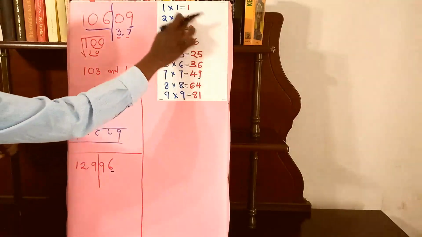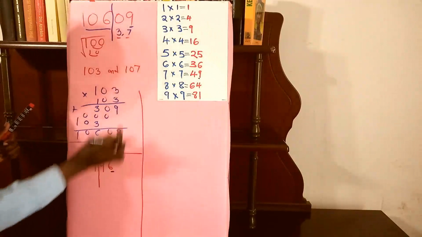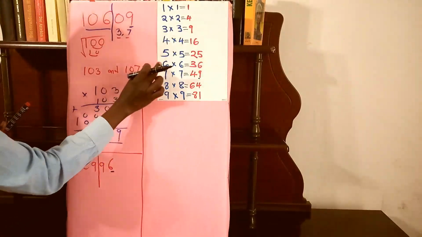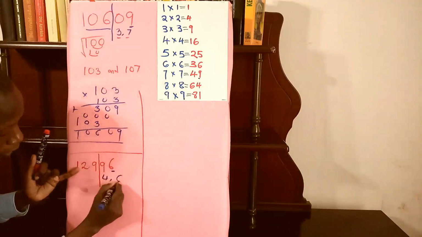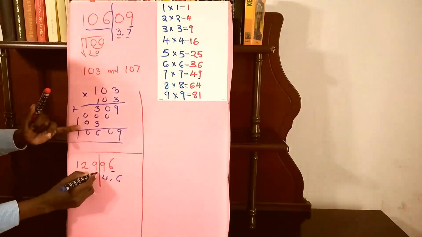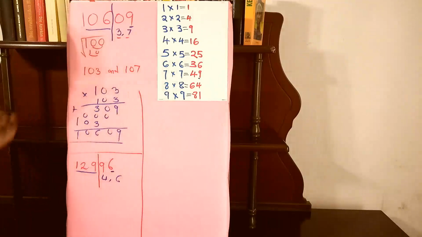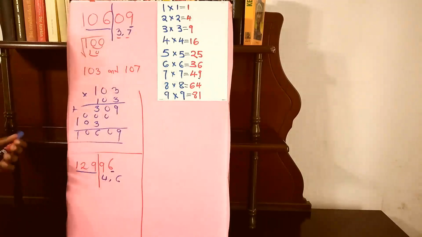We go to our table and see which number, when multiplied by itself, gives you a 6 at the end. We have 4 times 4 because of 16. We have 6 times 6 because of 36. So we write 4 or 6. Then we have this number here, 129. We have to move downwards until we find the perfect square, because 129 is not a perfect square.